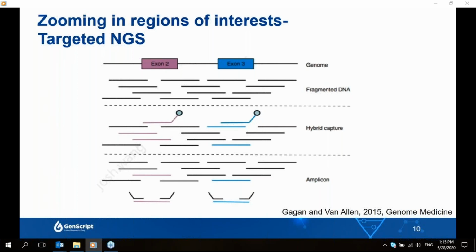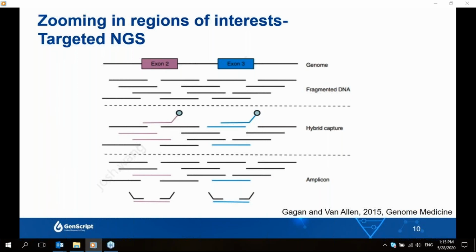Hybrid capture and amplicon sequencing have their pros and cons. For example, capture is really large region friendly and creates less bias, but it does take longer to complete the process. And amplicon sequencing is really good for small targets and is really quick and easy to do, but has PCR-associated biases.